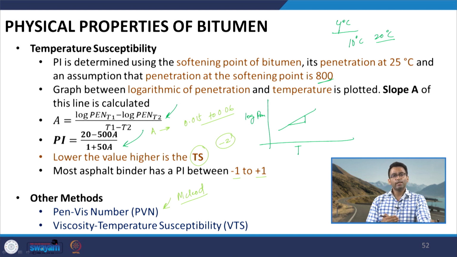In the viscosity temperature susceptibility, the VTS, a double log viscosity is used, and its variation is plotted against log of temperature, which is used to assess the temperature susceptibility of the bitumen. But as I said, mostly penetration index has been used popularly to determine the temperature susceptibility of asphalt binder or bitumen.